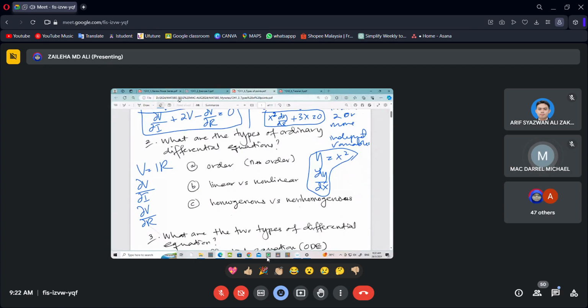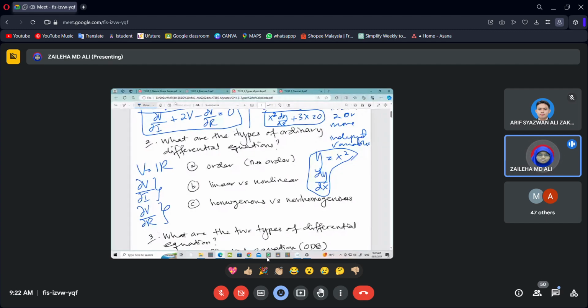Okay. Alright. So that's why here kita nama dia partial sebab kita ada first part kita with respect to current, second part kita ada with respect to resistance. Kita ada beberapa part. Kalau two independent variables, we have only two parts of derivative, right?